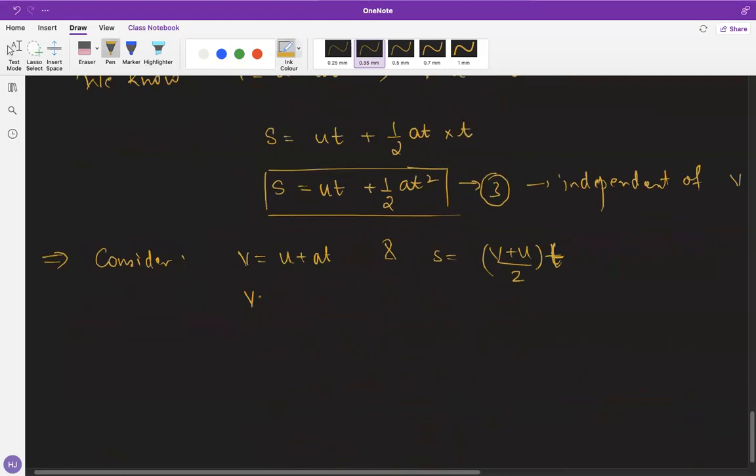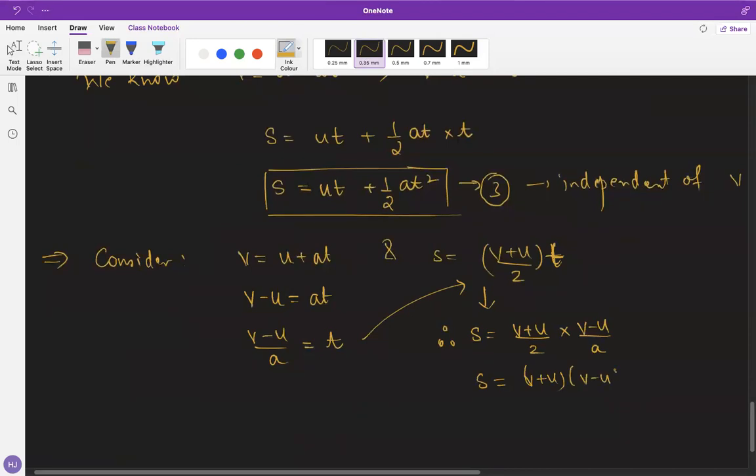So what we can write from here is v minus u is equal to at. So (v minus u) upon acceleration is time t. We substitute that right here, due to which we get s is equal to (v plus u) by 2 into (v minus u) by a, which is the same as s is equal to (v plus u) times (v minus u) over 2a.